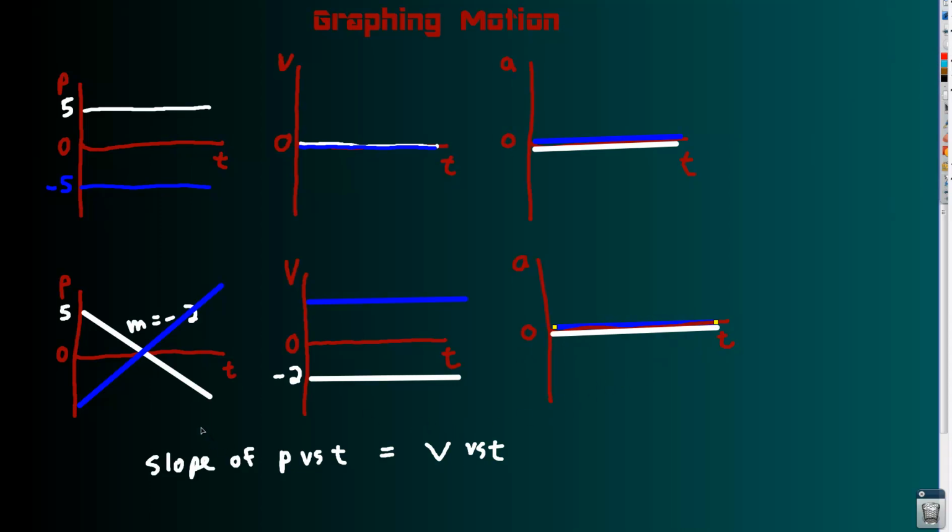So you may be thinking, well, the position graphs are totally different. They are, but you can go from position to acceleration, but if you want to keep the same pattern going, you're going to go step by step. So you're going to go from position to velocity, and then use the same strategy to go from velocity to acceleration.